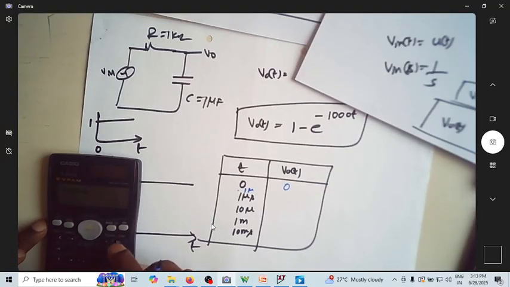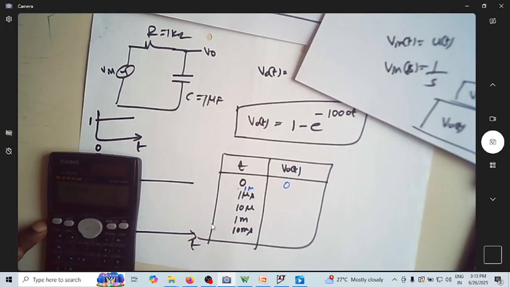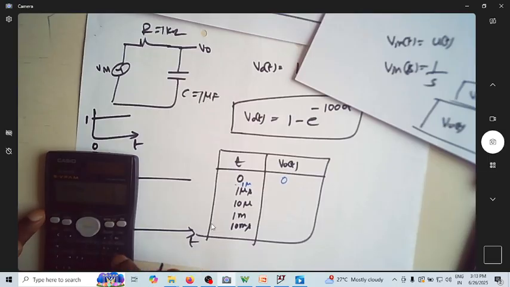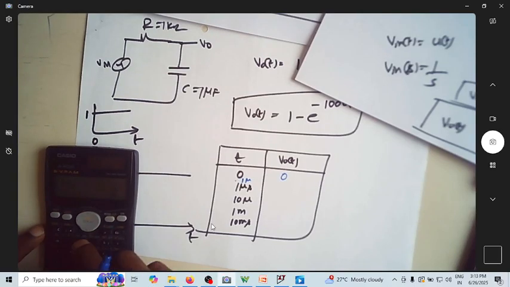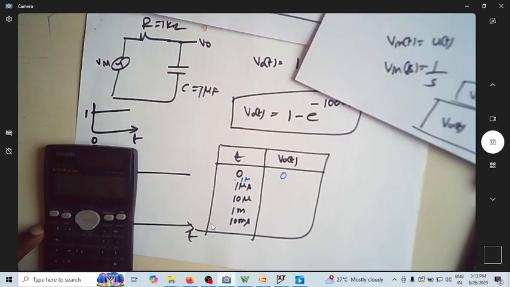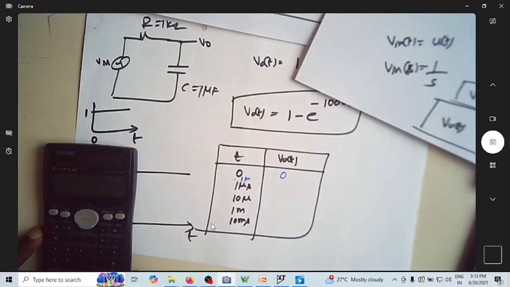Sorry, something happened. Let me just repeat: 1 minus e to the power of minus 1000 into alpha a, close, calculate for 0.1 exponential minus 6.